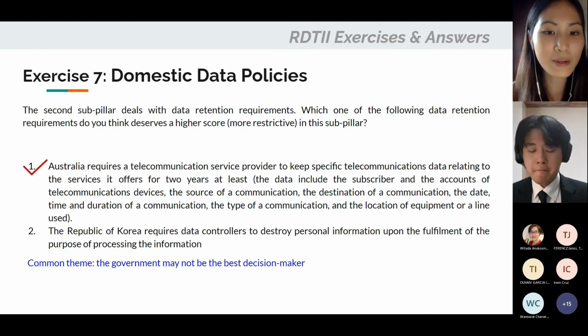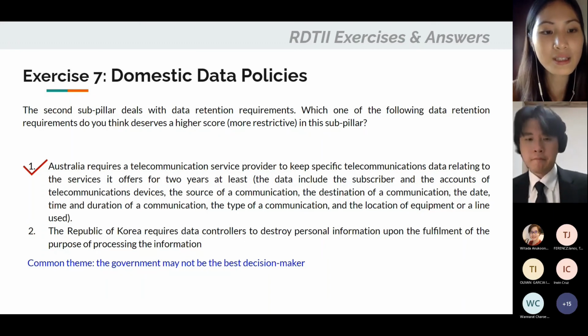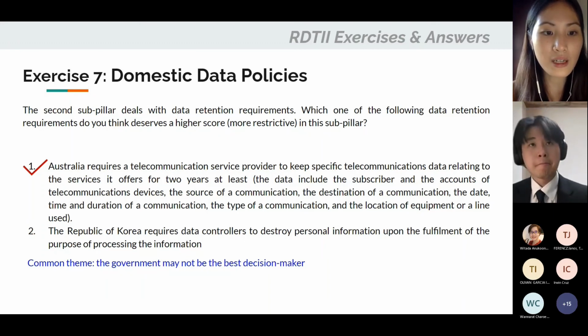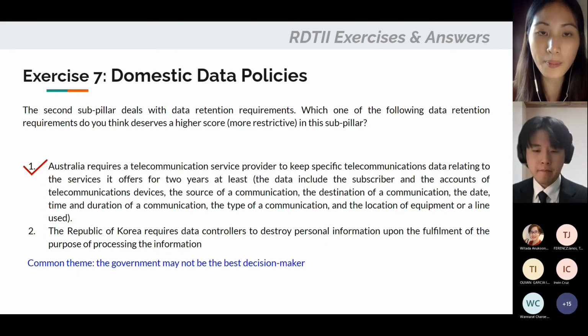This requirement is similar to the one that Johan mentioned previously about the requirement to perform a joint venture with a local partner. It's also the same as the requirement for the company to perform a data protection impact assessment or appoint a data protection officer, because whether to do this activity or not, the company should be allowed to decide by themselves.